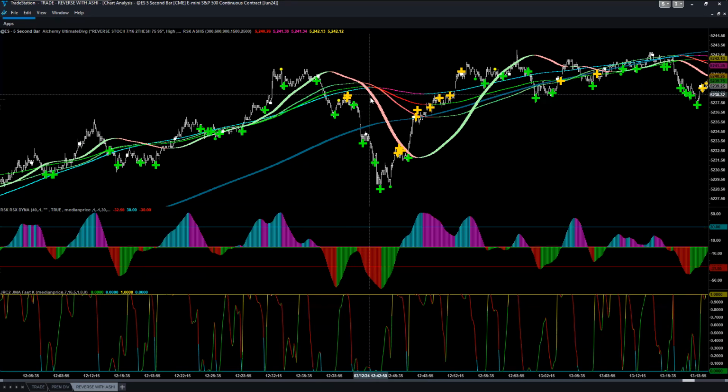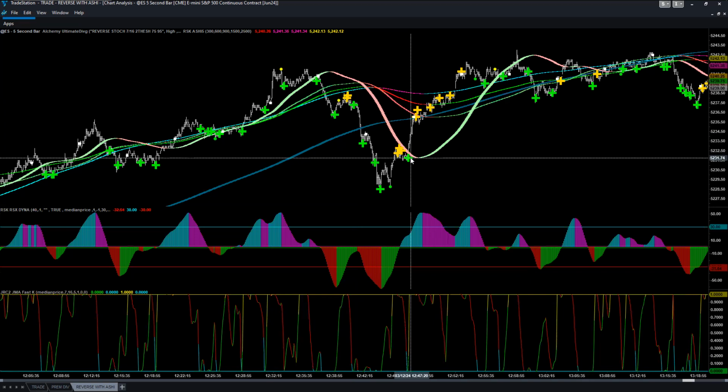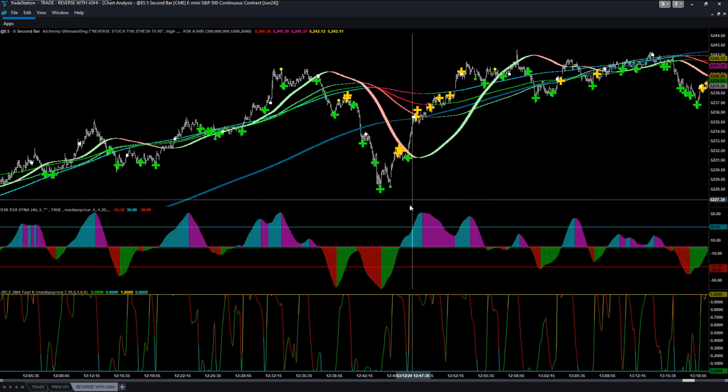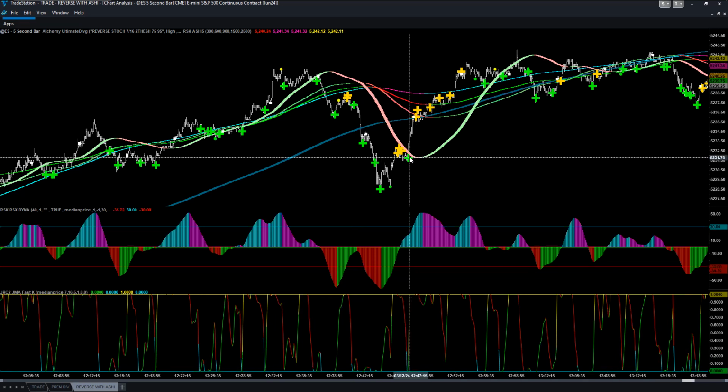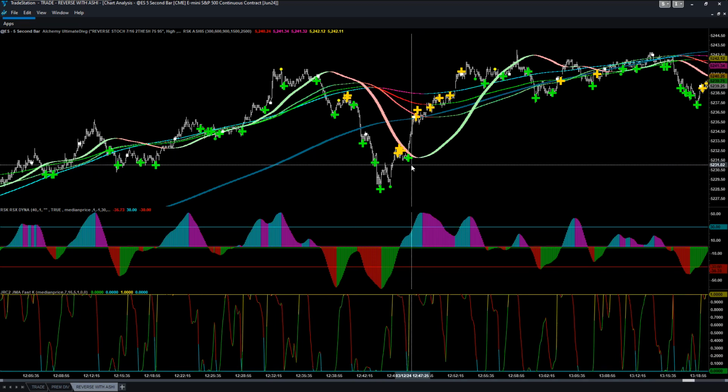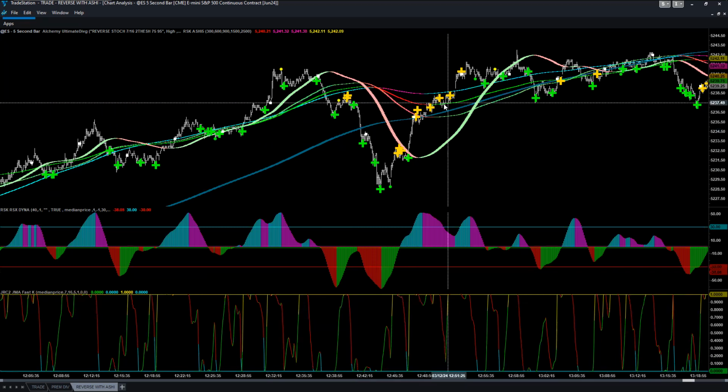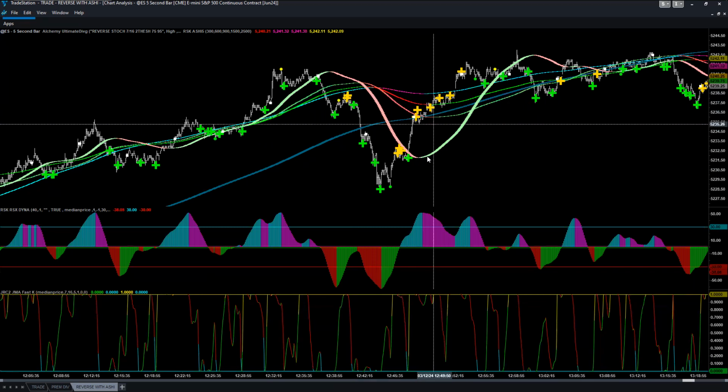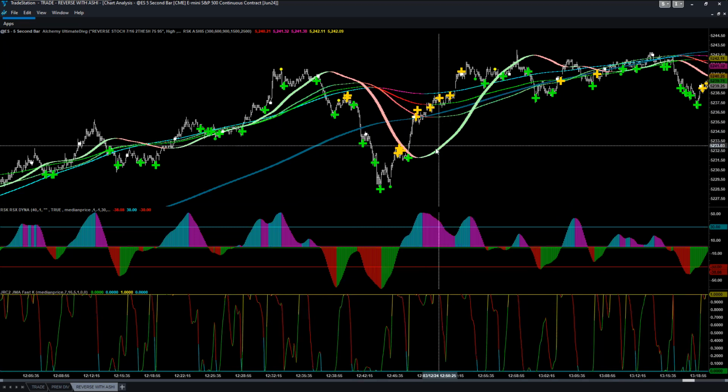So as the fastest of the ASHIs dips down here, you're already on the way up. You've got good reason to expect that ASHI is going to turn. I would not wait. I'd get in. But you certainly don't want to be going short here. Not as this ASHI is going up.